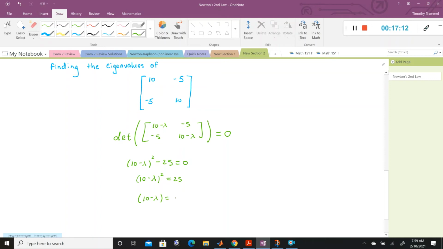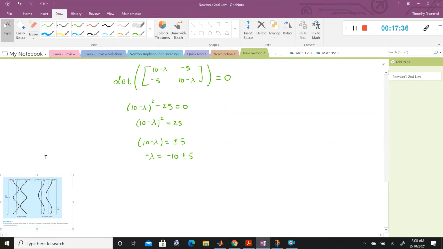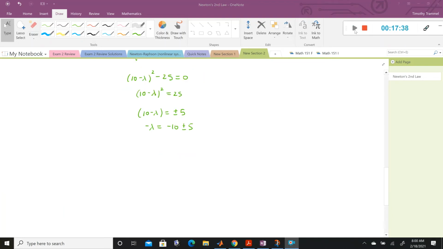This 10 minus lambda should equal plus or minus the square root of 25, or plus or minus 5, and so we get then that minus lambda is equal to minus 10 plus or minus 5. And if we were to then multiply, let me move this image here a little bit further down.